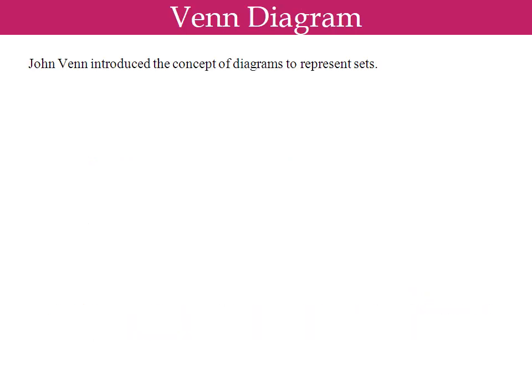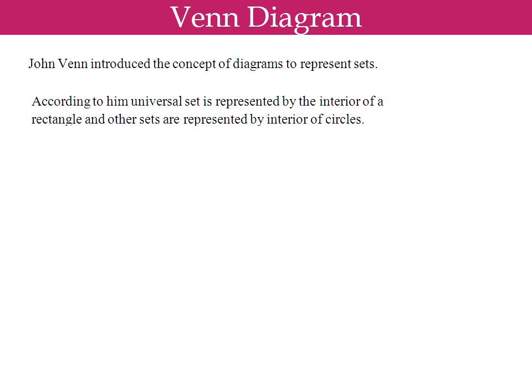Next one is a very important one, the Venn diagram. What is a Venn diagram? John Venn introduced the concept of diagrams to represent sets. That means the pictorial representation of a set is called a Venn diagram. Simply we can say, according to him, the universal set is represented by the interior of a rectangle and other sets are represented by the interior of circles.